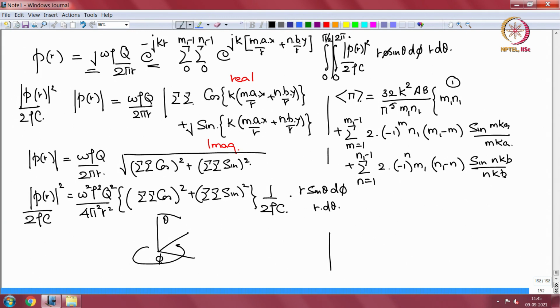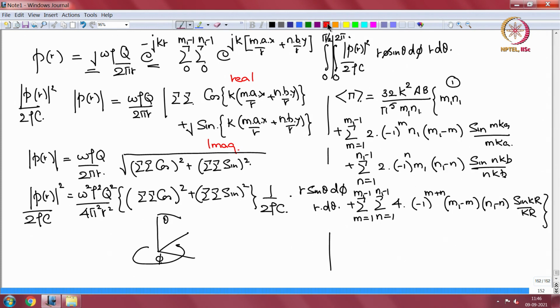So we'll denote the terms later. Plus summation m equal to 1 to m1 minus 1, n equal to 1 to n1 minus 1, 4 minus 1 to the power m plus n, m1 minus m into n1 minus n, sine kr over kr.